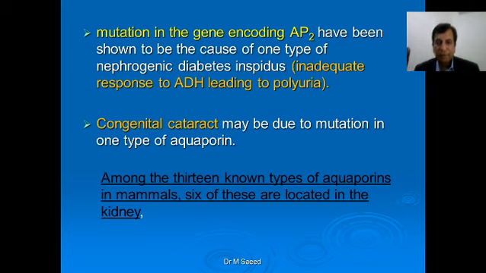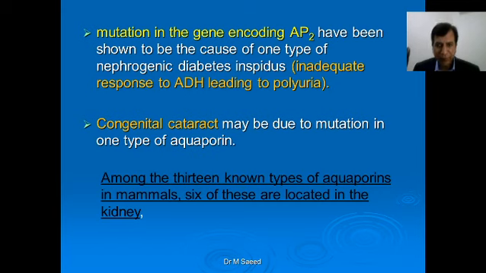The response of the aquaporins, the site of action of ADH. So if the aquaporins AP2 present in the kidney tubule are not responding to ADH properly, although ADH is being released from the posterior pituitary at a normal pace, what will happen?